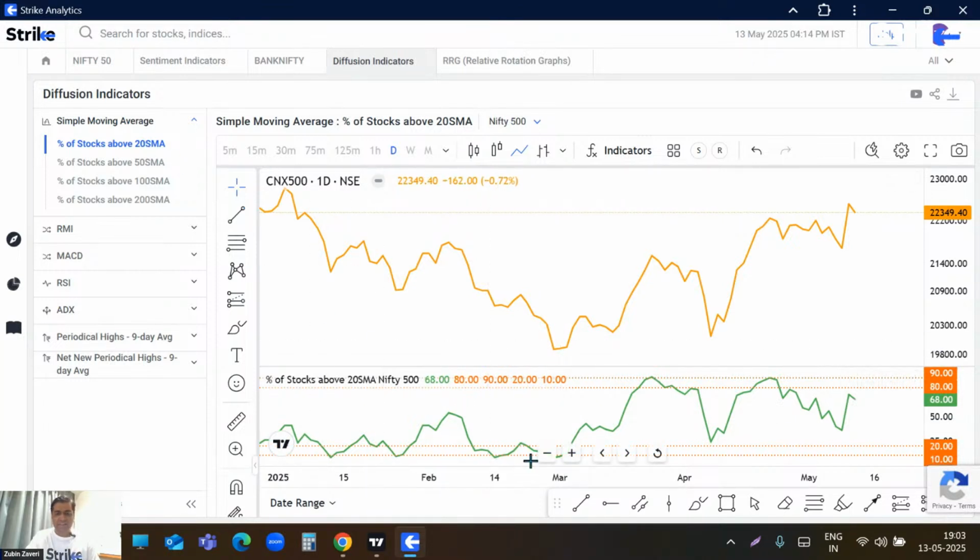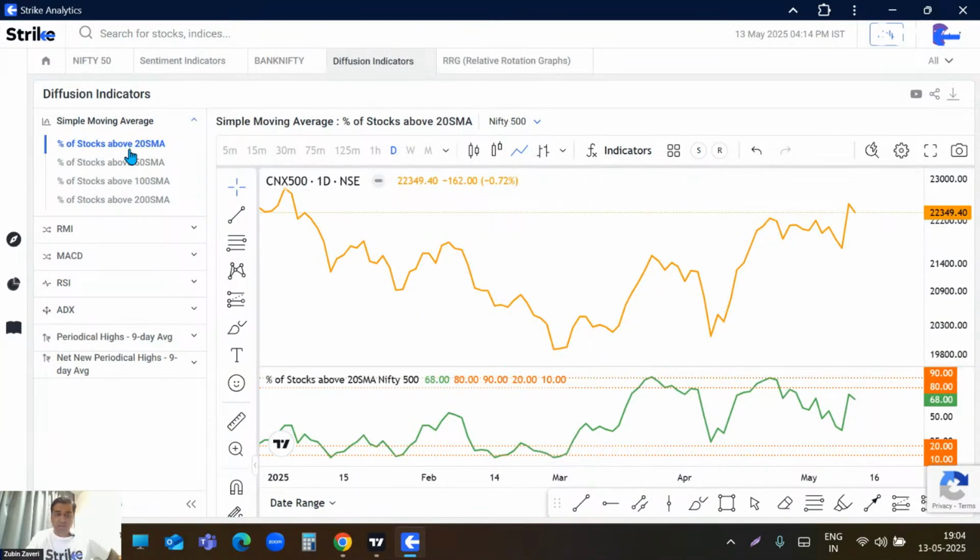So this indicator is a short term indicator which says that the market is kind of oversold and we can expect some bounce back. And when it comes to the overbought levels over here, there are many stocks, 91% of the stocks have gone above their 20 SMA, so maybe for the short term we can see some downtrend.